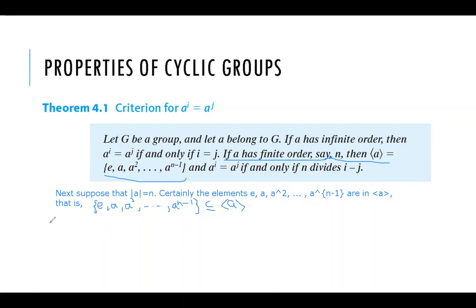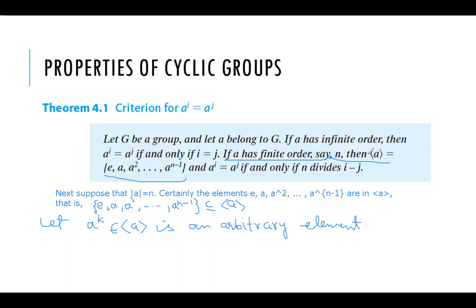So let's take an arbitrary element from the subgroup generated by A. Since the elements of this subgroup are of the form A power k, let us say this is an arbitrary element of this set.